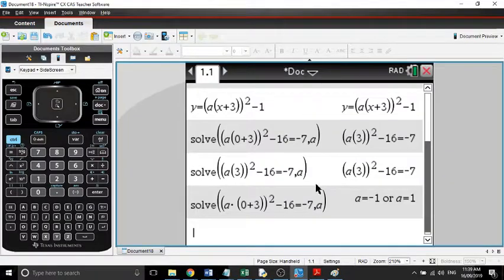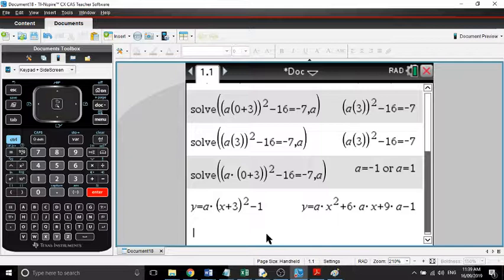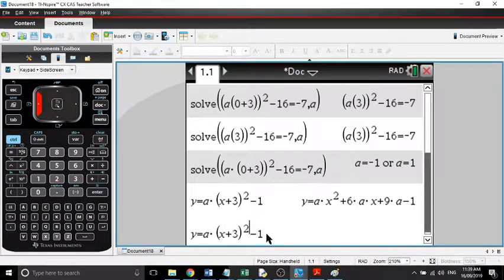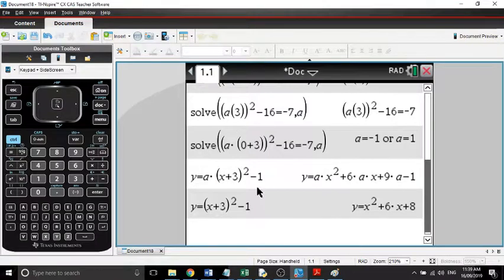So from there, we know that we normally write it in the form of, like I said before, and that's why it was doing that. I wonder if anyone picked that up. We know it's written in that form, but we know that a is 1. So we end up with y minus 16 equals (x plus 3) squared, and that doesn't work.